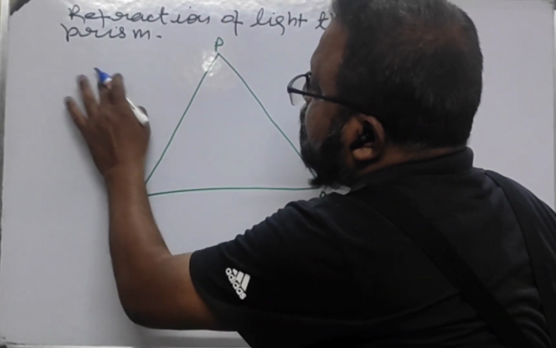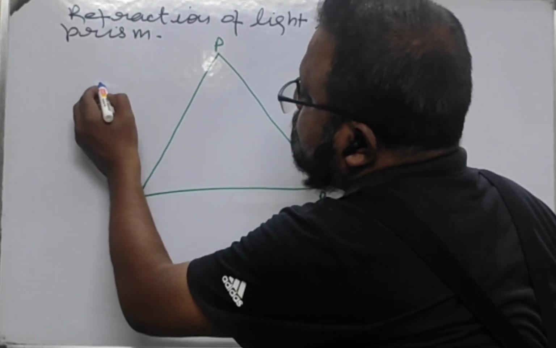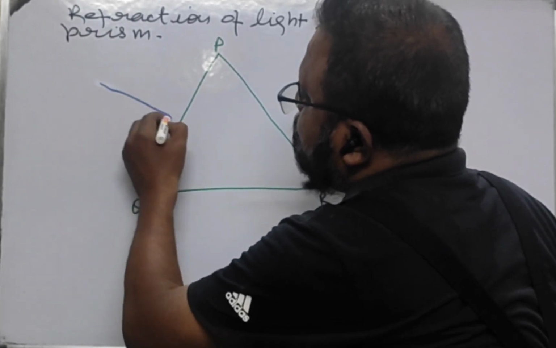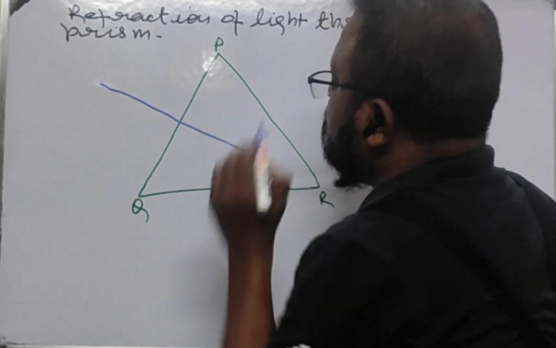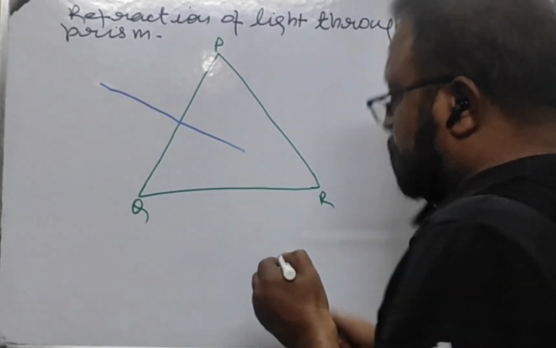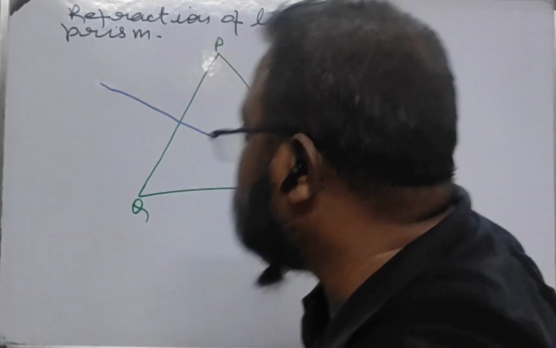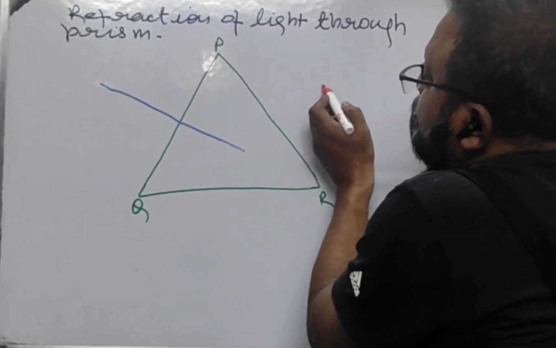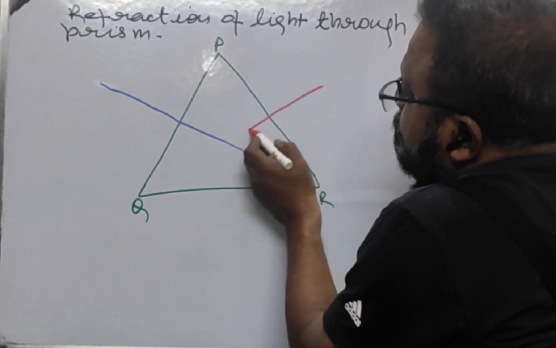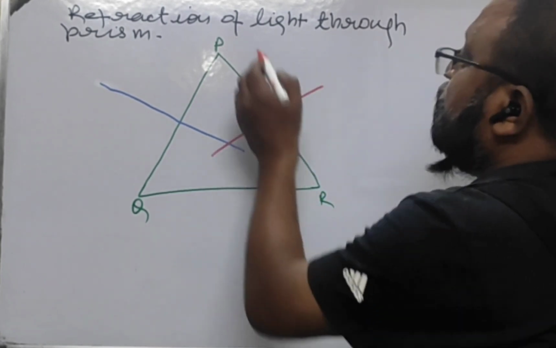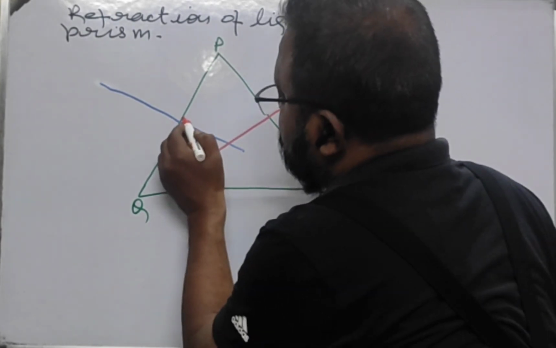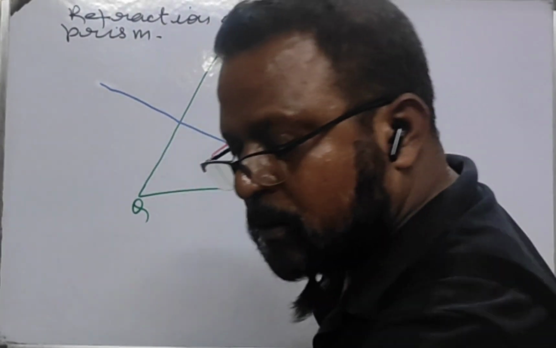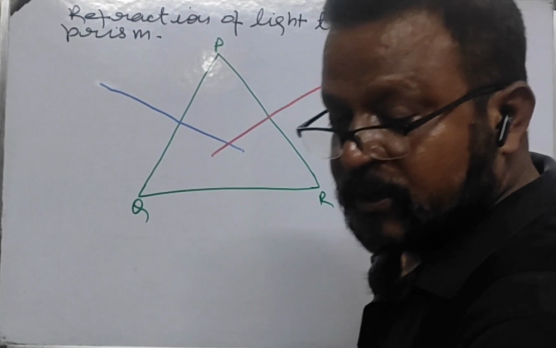Normal is perpendicular to the refracting surface. So this is the normal of PQ, and it is the normal of PR, right?